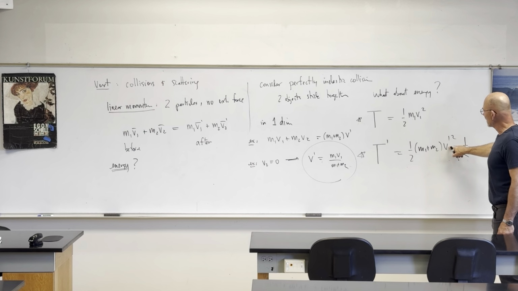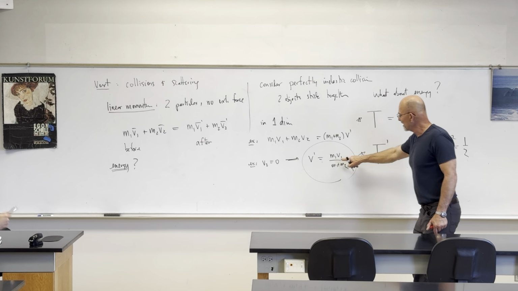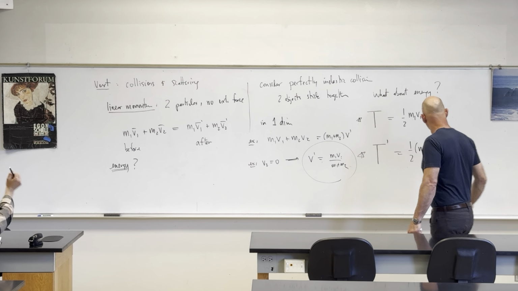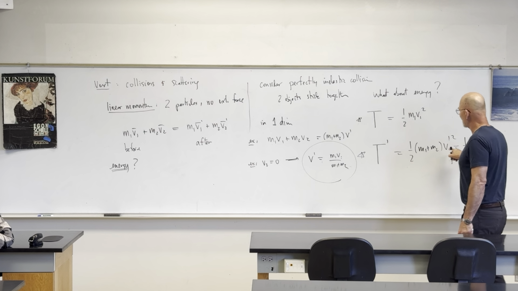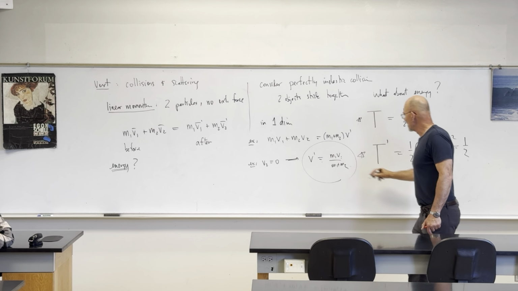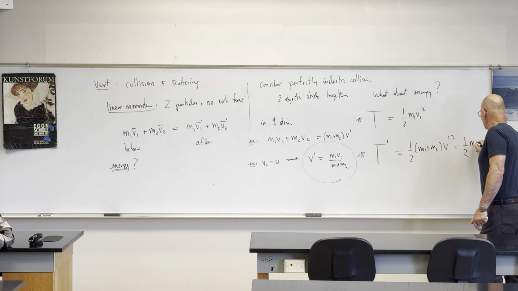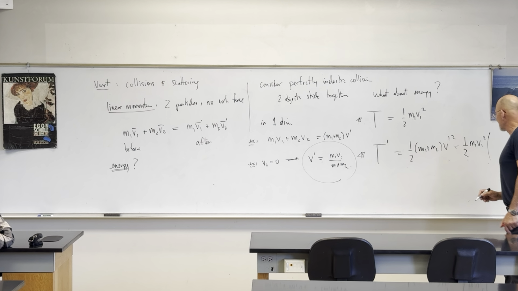But this is interesting because of V prime, M1 V1. What I can do is, if I square the V prime, I can have an M1 V1 squared here, and then I can have stuff that's left over. What would go in the parentheses here?